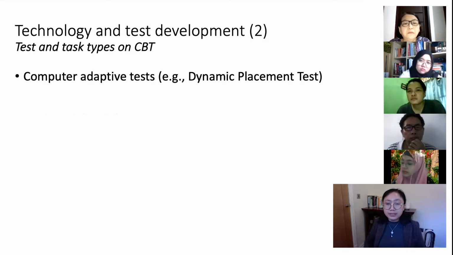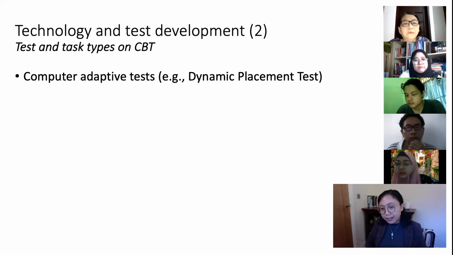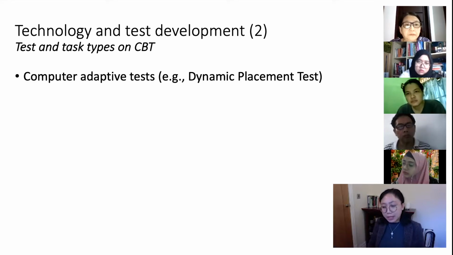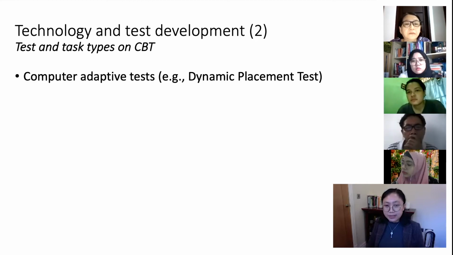For example, the dynamic placement test. It's a placement test, it's computer-based, and I think it's also available on mobile phones as well. So the idea is that, as the name suggests, computer adaptive tests are able to adapt the test content based on test takers' answers or performance.